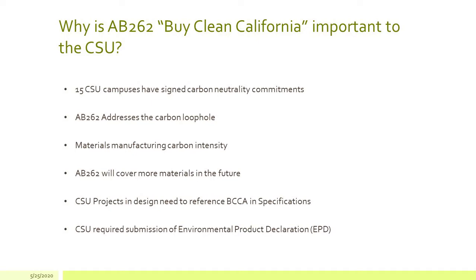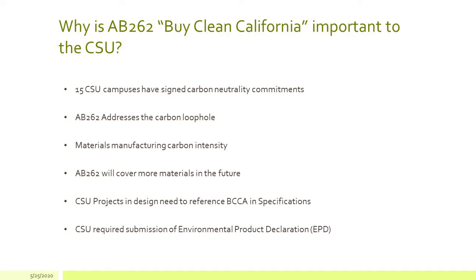As I mentioned earlier, AB 262 and environmental product declarations are designed to get at and reduce the materials manufacturing carbon intensity, which is why the covered materials have been selected, because they're the most energy and carbon intensive materials that could be put into the law.